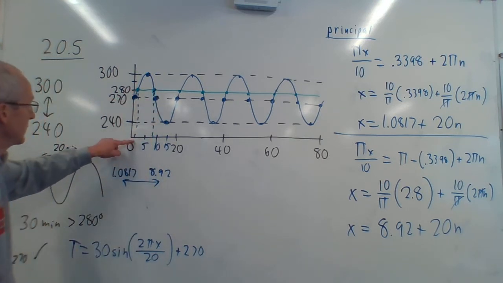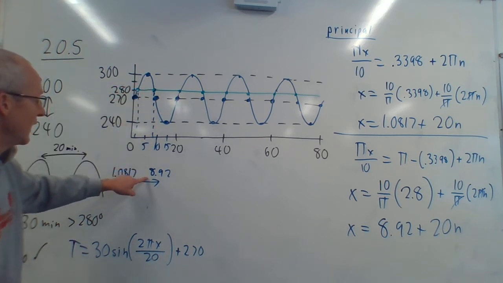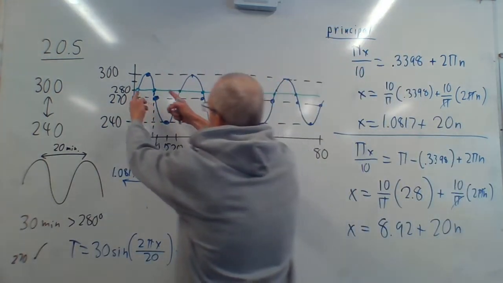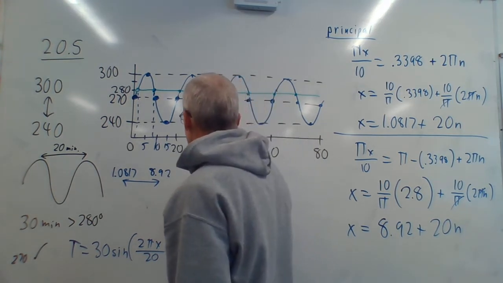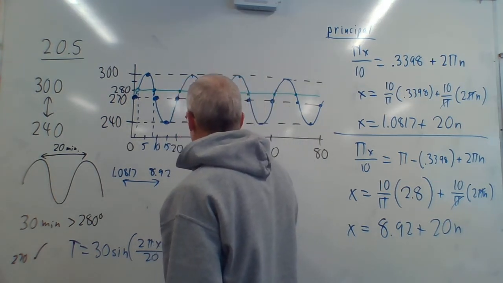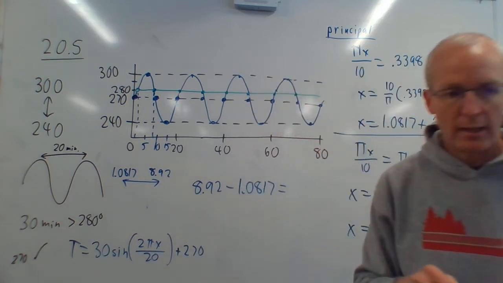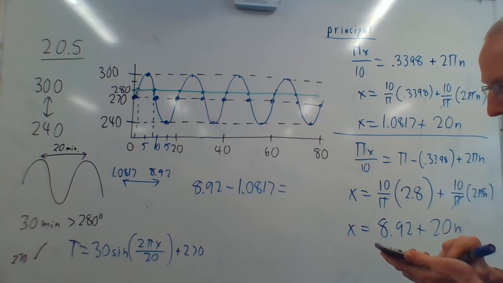This one's at 1.0817 minutes. It gets to 280, stays there until down here. So all you've got to do is subtract those numbers, and that will give us how long it's above 280 in each of these. So 8.92 minus 1.0817.